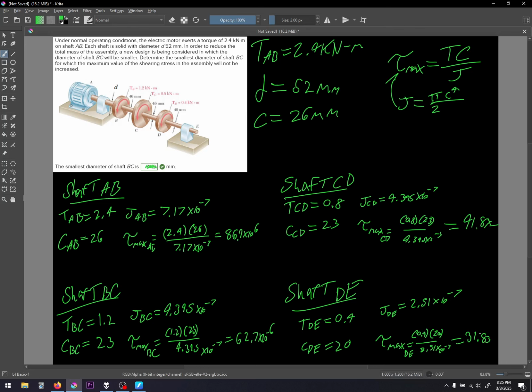It looks like the smallest tau max is DE.